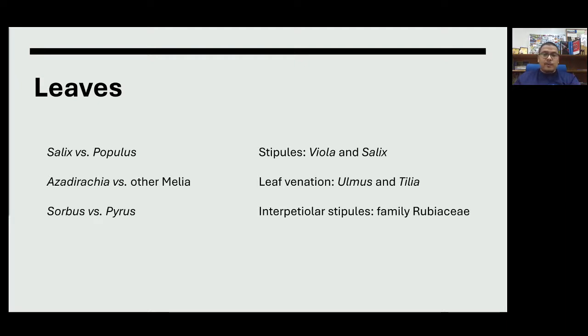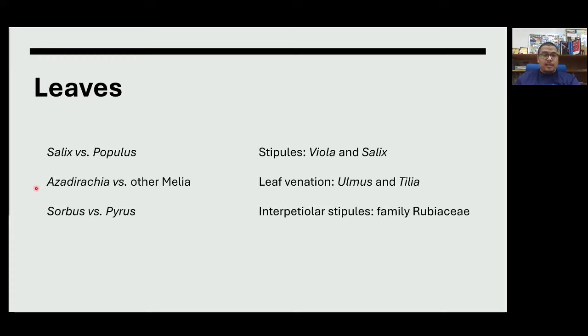Leaves, of course, are very important for identification. For example, Salix and Populus can be differentiated based on their leaf characteristics.